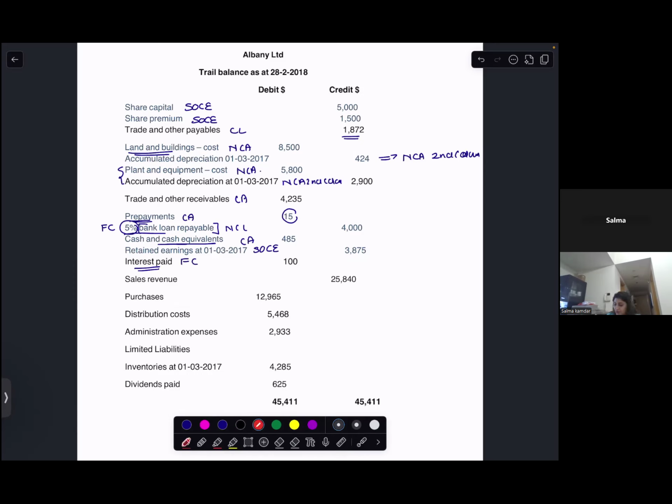Now here you need to note one thing: these two items would or would not relate to each other. Interest paid and 5% bank loan. If I check my 5% bank loan, it's 4,000. 5% of it is how much?